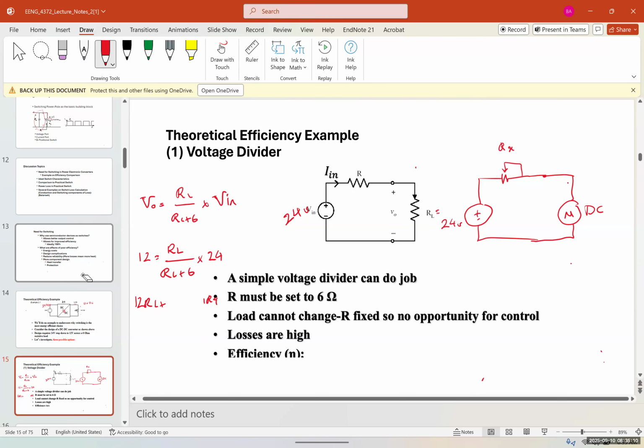The voltage divider, as you remember, this is the equation. I'm just going to keep the equation. V out in this situation, which is the voltage of the load resistor, is equal to RL over RL plus R times Vin.